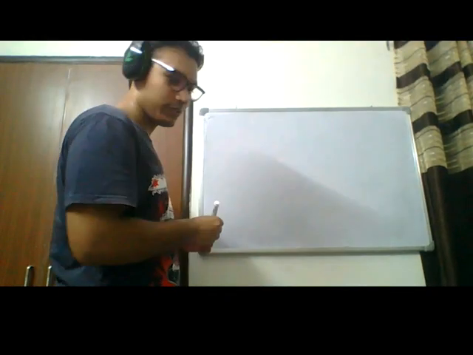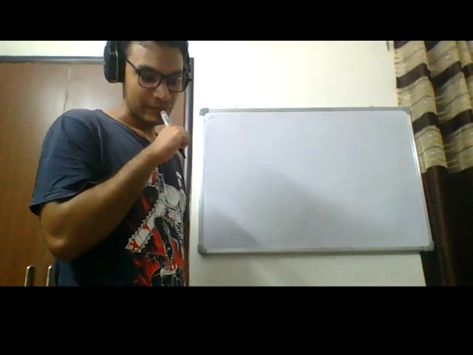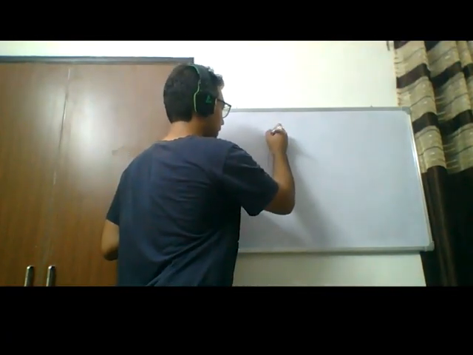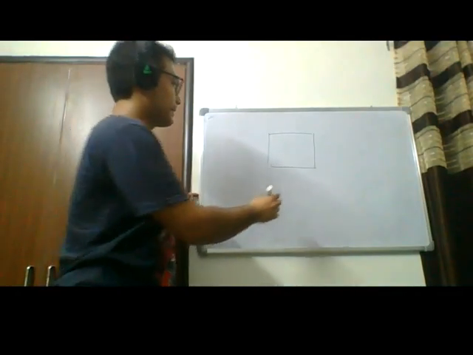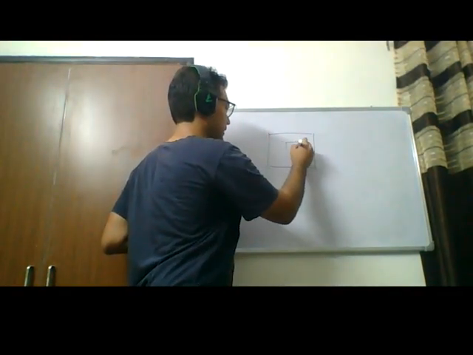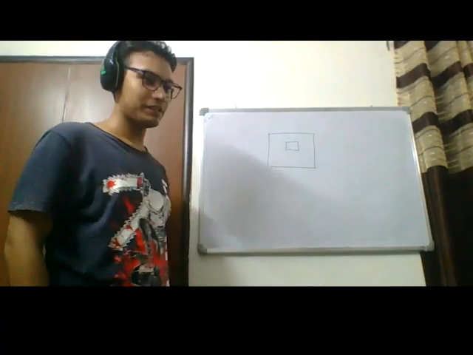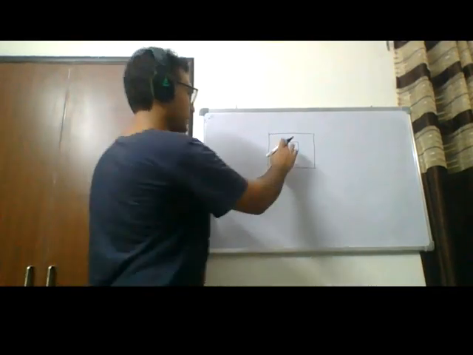Okay, last one. I suspect the product topology is the finest one here. So let's see. So let's say we have the ordered square here, and this is not an open set in this, it is empty by the way.